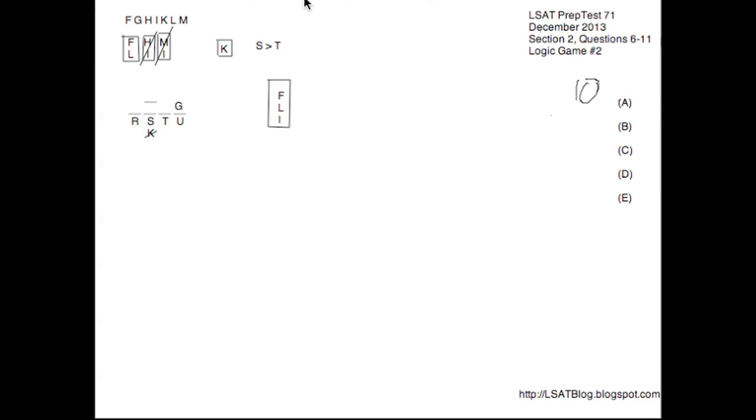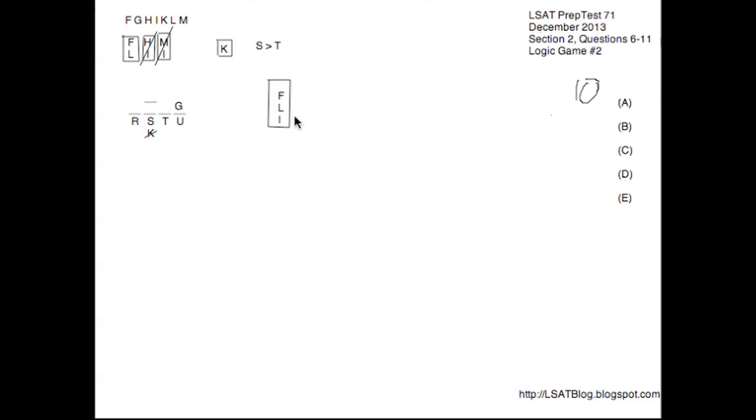Next, number 10. If F goes with I. So that creates a vertical block of 3 variables, F, L, and I, since F and L have to go together. And so you want to think about where F, L, and I could potentially go. And looking at this, it appears that they could go either on R or S potentially. S maybe seems a little bit better.